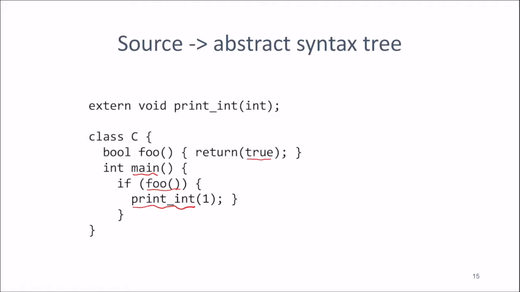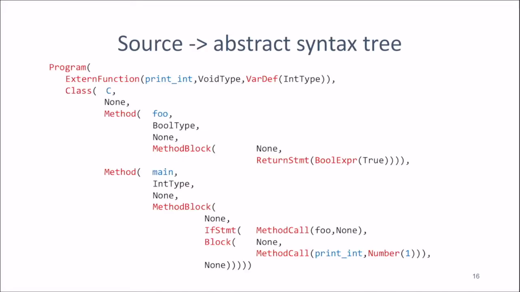So the first thing I do is I pass it through the front end. So the first step is lexical analysis. I get the tokens, then I would get the parse tree, and then I would get the abstract syntax tree. And the abstract syntax tree for this, even though it's a small program, is quite large, right? I don't expect to go through all of the details here.